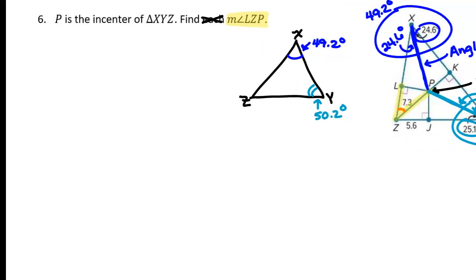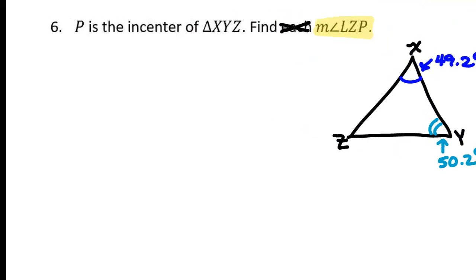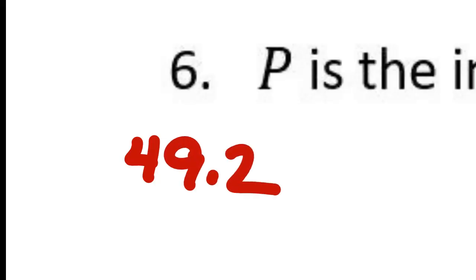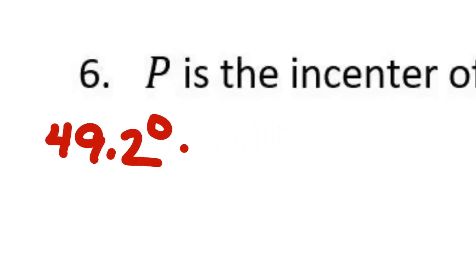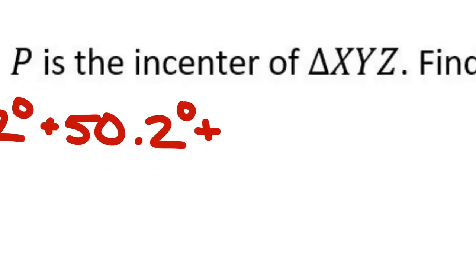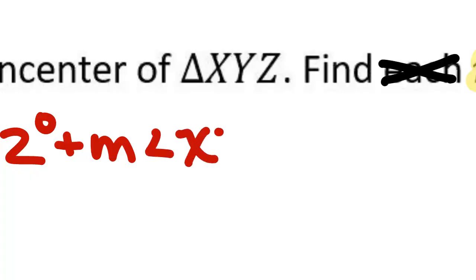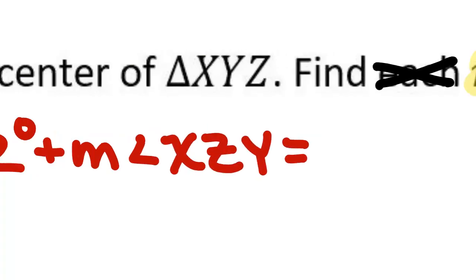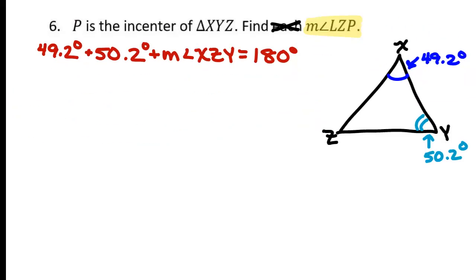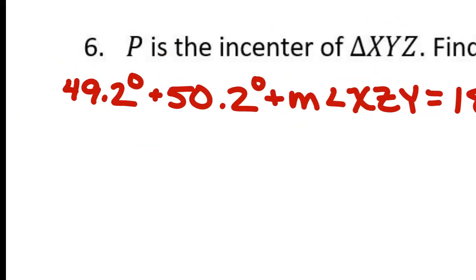Yes, we're going to add these two angles, include that one over there, and set it equal to 180. So I can say 49.2 degrees plus 50.2 degrees plus the measure of angle XZY is equal to 180. Then we're going to combine our like terms.